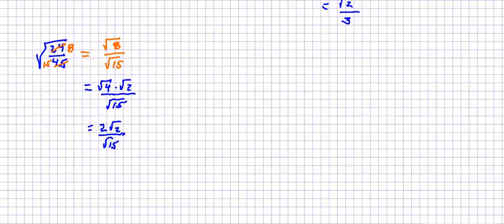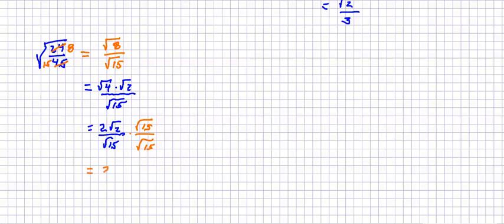We simplify as much as possible. Notice I didn't multiply top and bottom by the square root of 45. We simplify as much as possible, and now I multiply numerator and denominator by the square root of 15. It's always by the radical in the denominator.